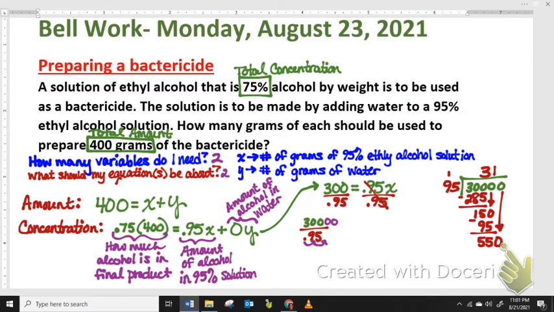How many times does 95 go into 550? Five times. So I'm going to put a 5 up here. Let's see, that would be 25, 45, 46, 47. Subtract it off here.